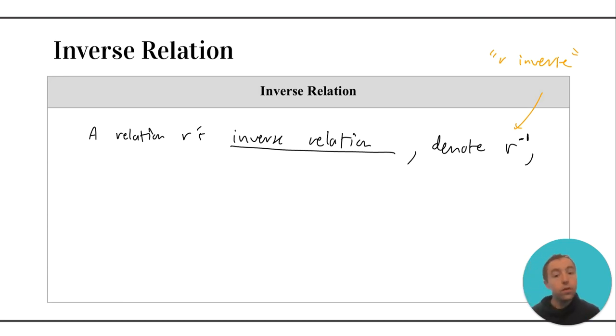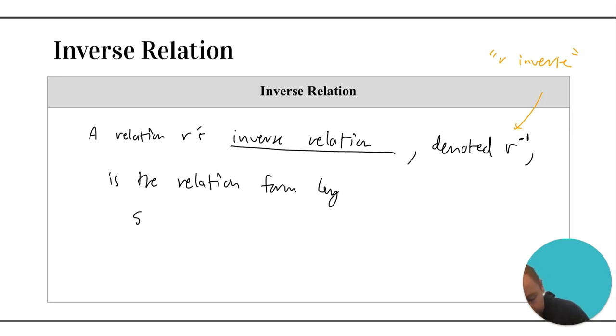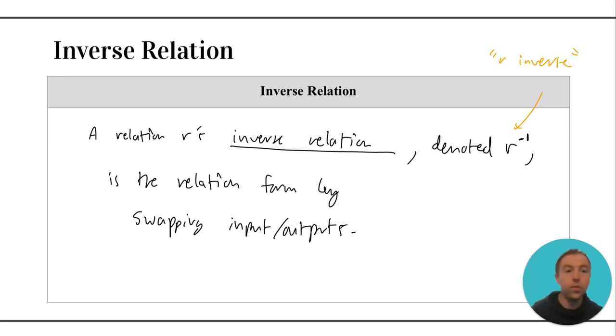Okay. So a relation R's inverse relation, denoted as R inverse, is the relation that you form by just swapping inputs and outputs from the original relation R. Okay, so you just switch all of the x's and y's from each of the corresponding pairs.